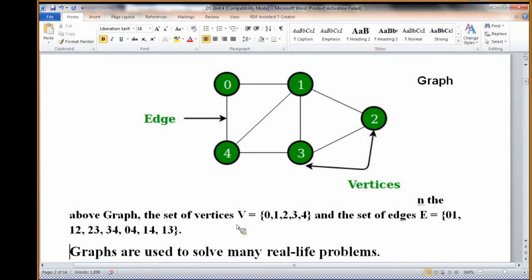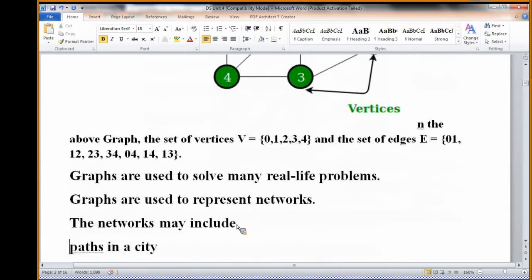For example, for reaching 0 to 1, it takes 2 minutes. For reaching 1 to 2, it takes 5 minutes. And for reaching 2 to 3, it takes 6 minutes. So these are the weightages. By taking all these weightages, we will calculate the shortest path to reach 0 to 3. Based on the situation, we will decide whether the weightage is required or whether it has a role or not.